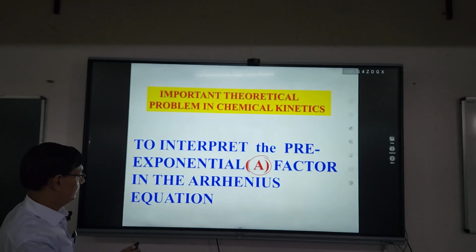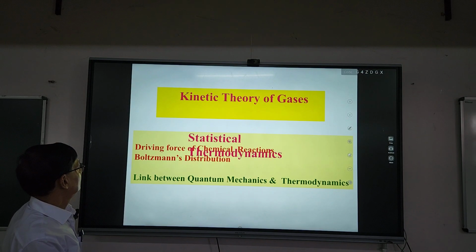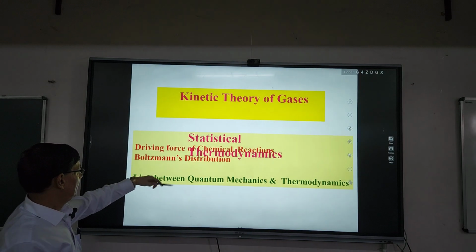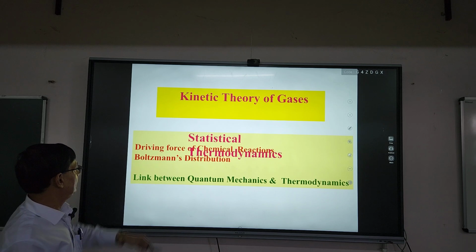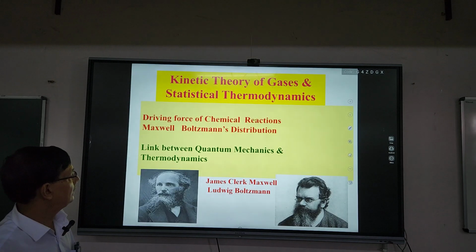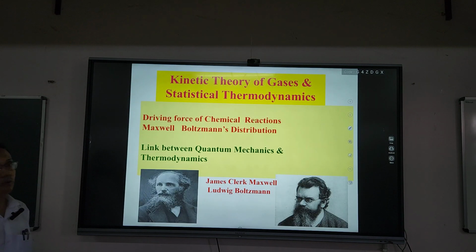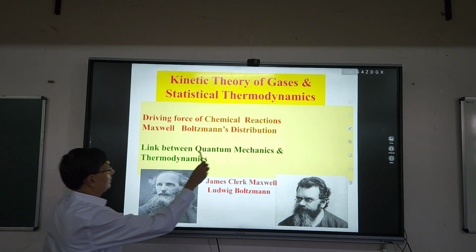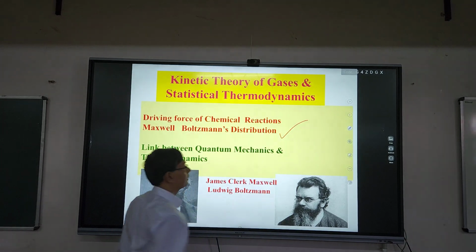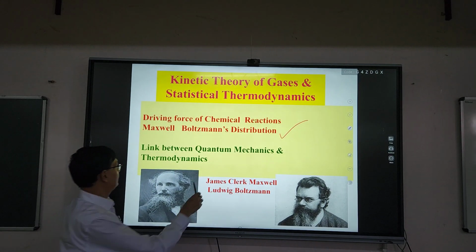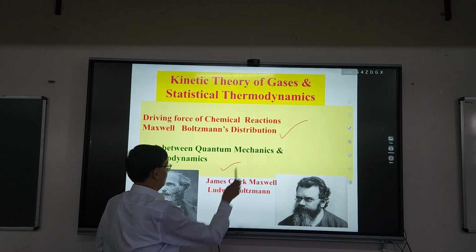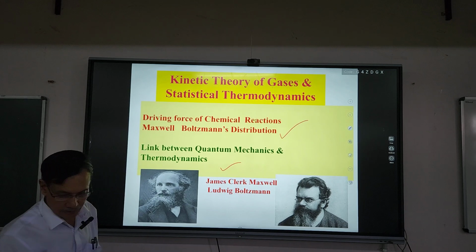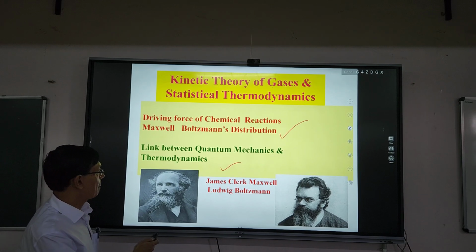So last, the link between quantum mechanics and this is the two great scientists. Nobody will tell you the story behind this Arrhenius equation and collision theory: the Boltzmann distribution, and second is the Maxwell-Boltzmann distribution of molecular velocities.